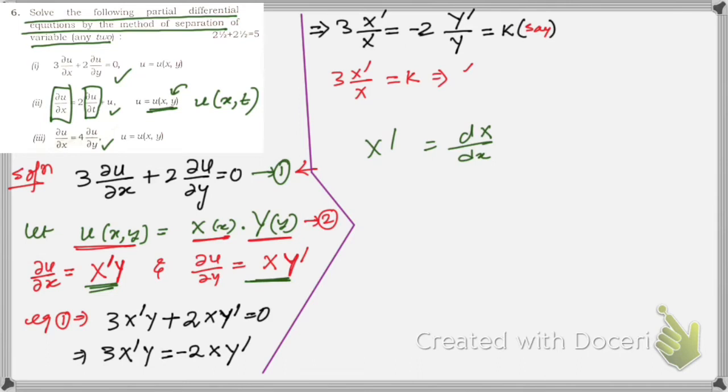So that's why you can write this one as d capital X by d small x, divided by X, is equal to k, which can be written as 3 times 1 by capital X, d capital X, equals k small dx. You can write it in this form, right?